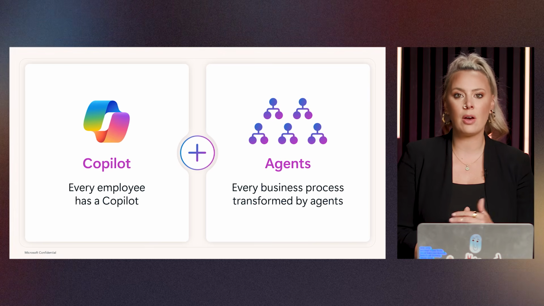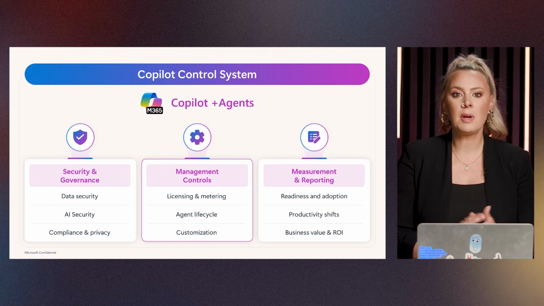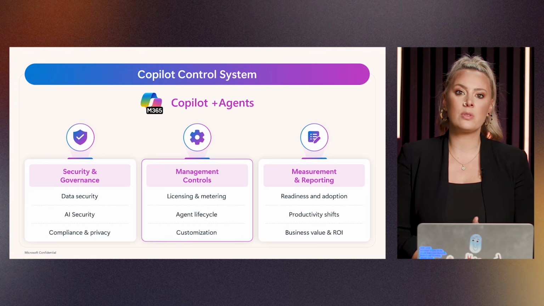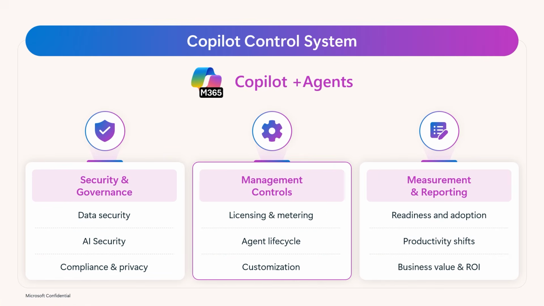packs and pay-go meters. To set some context, Copilot Control System is Microsoft's commitment to enabling IT to drive AI transformation with Copilot and agents. It's built on three pillars, namely security and governance, management controls, and measurement and reporting.